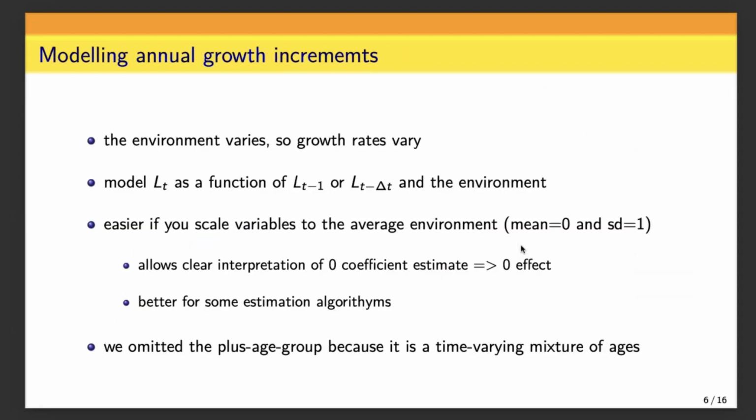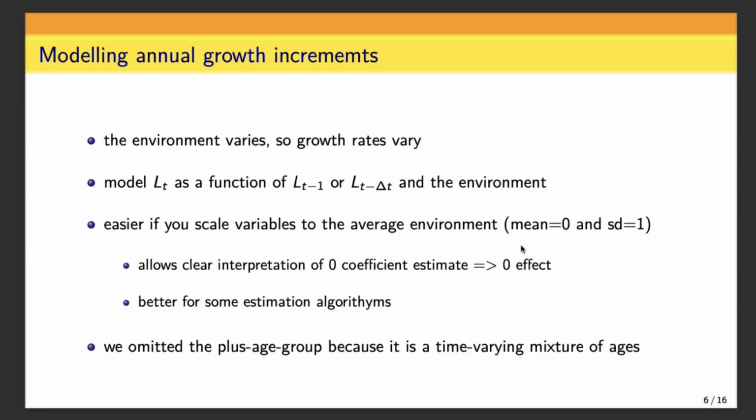So what we want to do is model these annual growth increments. The environment varies, so the growth rates also vary. As you saw in the last plot, they were varying by temperature. So we'll model the length or weight as a function of the length or weight in the previous time step.